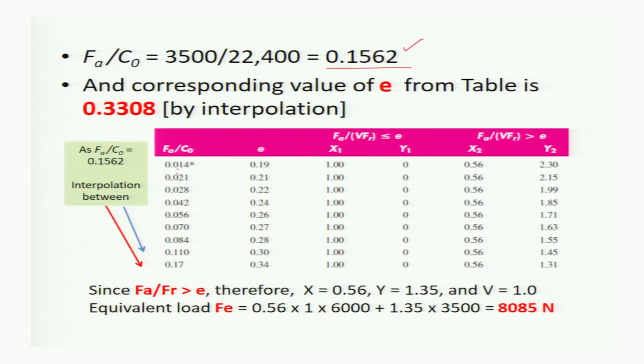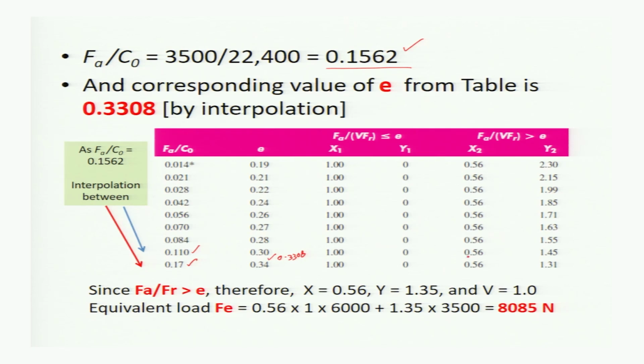After this we found the value of Fa upon C0, that is this one, and for this Fa upon C0 which is lying between this and this, we will interpolate to get the value of e. e comes as 0.3308 by interpolation. Then we get Fa upon Fr which is greater than e.